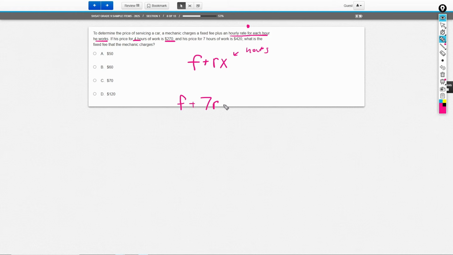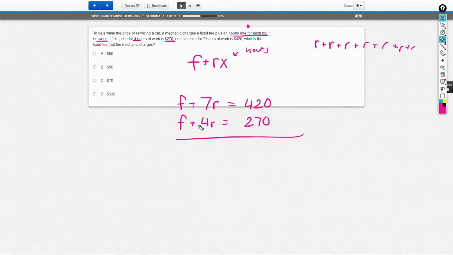Each hour, he's going to charge a rate, so you're going to add the rate 7 times because there's 7 hours. So this ends up becoming 7R. So you have F plus 7R is equal to $420, and then F plus 4R is equal to $270. I'm going for 4R right here because he also works for 4 hours.